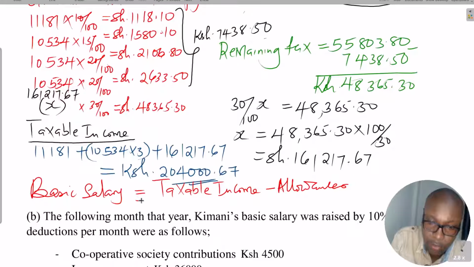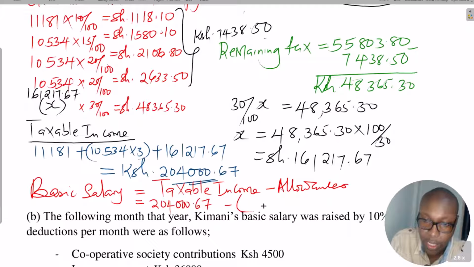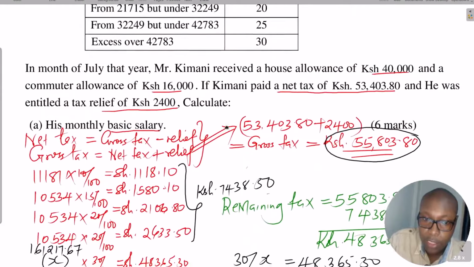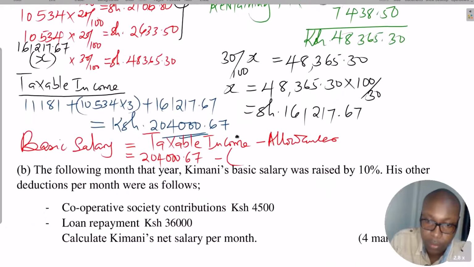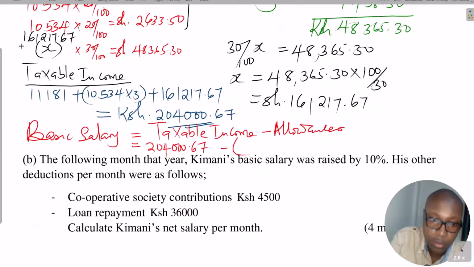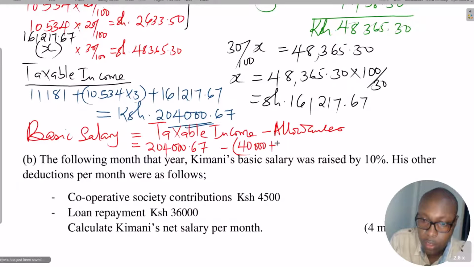We already have the taxable income, which is 204,067. Then we subtract the allowances. We have two allowances from the first statement: 40,000, and house allowance is 16,000. So 40,000 plus 16,000.